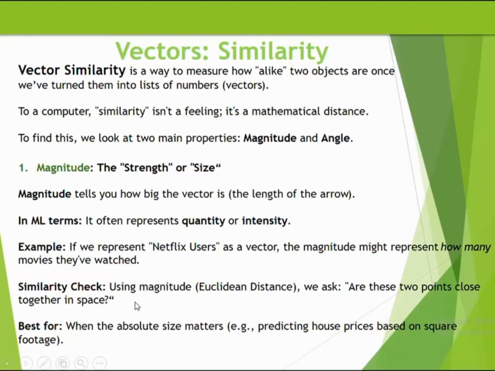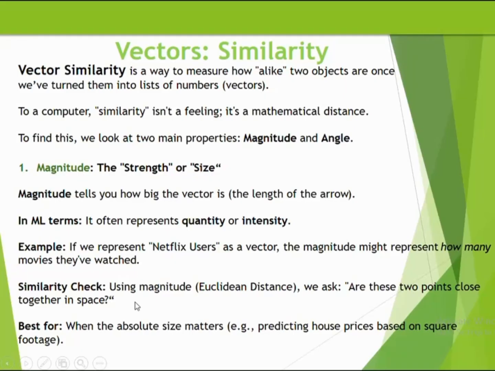Are these two users close in the space? Let us say one user has watched just 10 movies, another user has watched 1,000 movies. Based on the Euclidean distance, they are not very close to each other. They are far apart. So this is how the similarity check can be done using the magnitude.